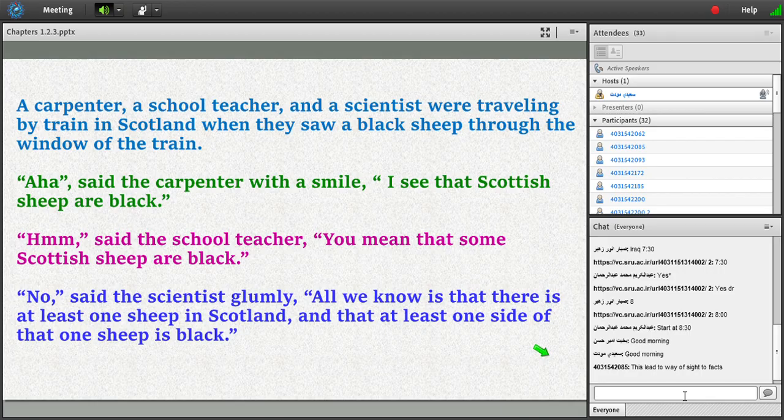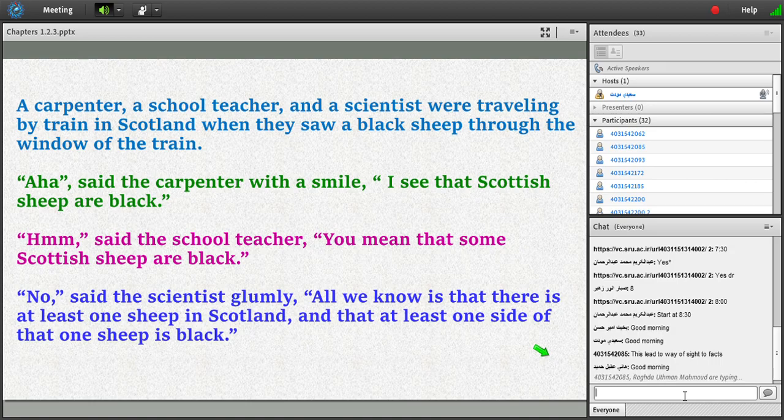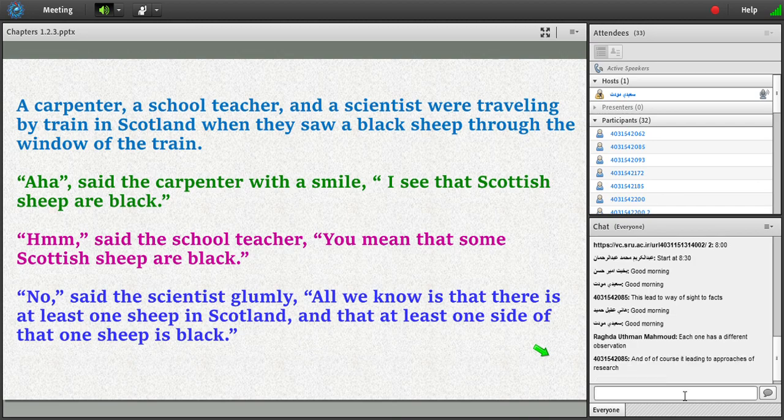Yes, what else? Each one has a different observation. That's right, exactly. It leads to approaches of research.